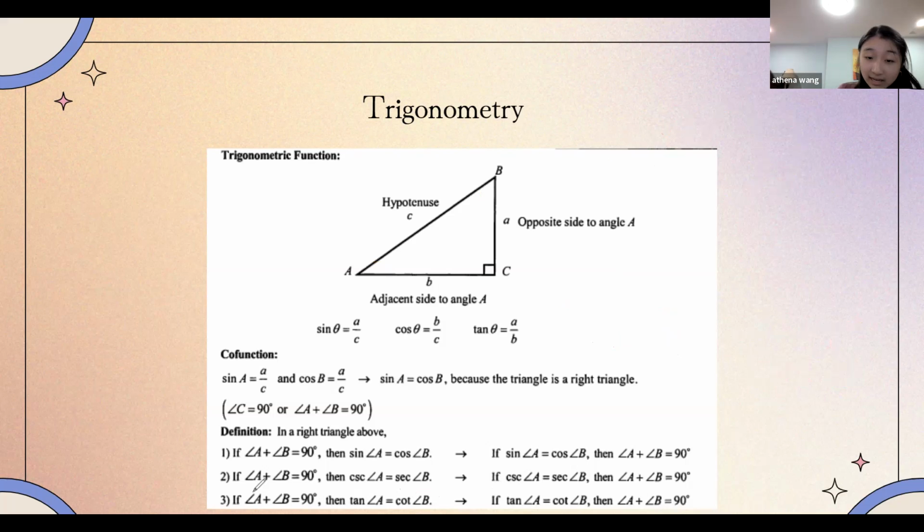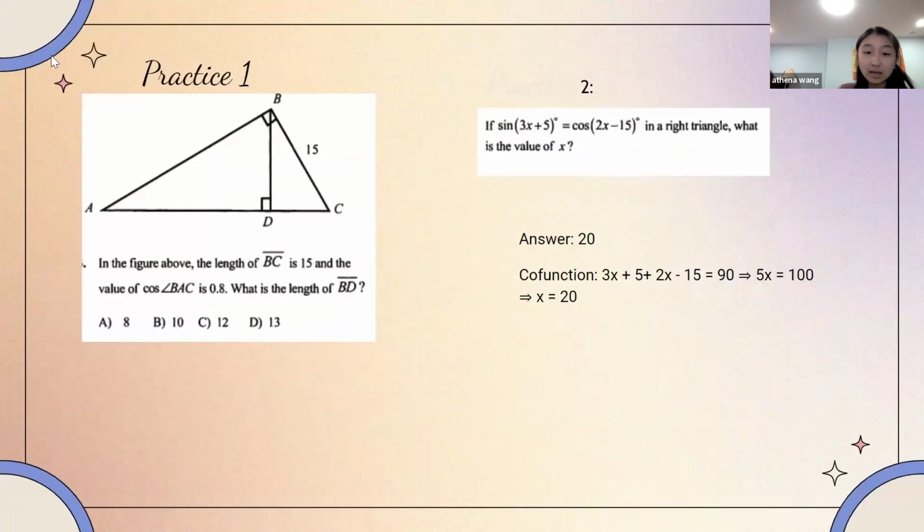And we also have tan of A equals cotangent of B, which is just 1 over tan of B.